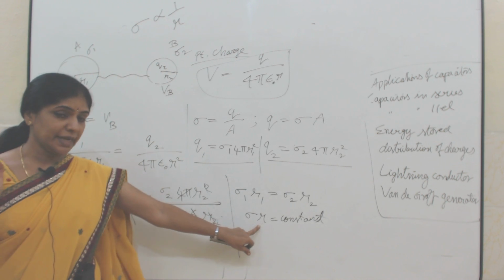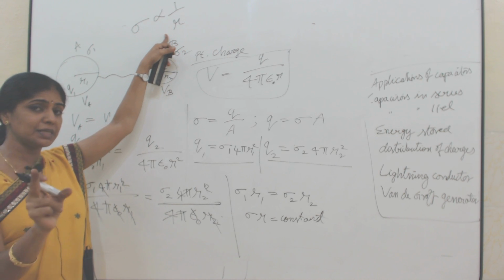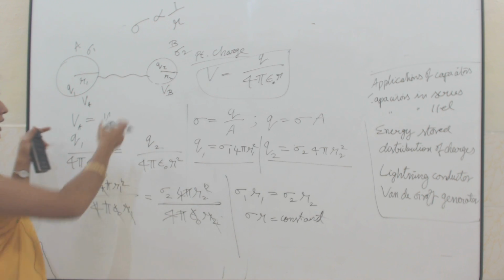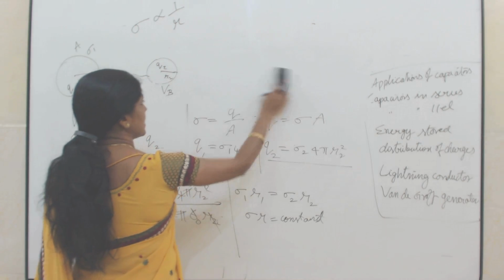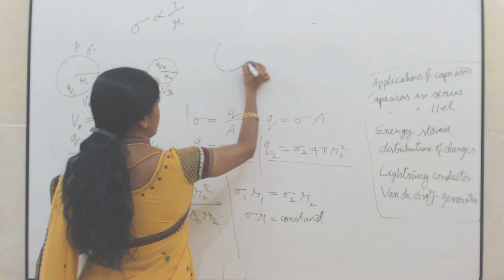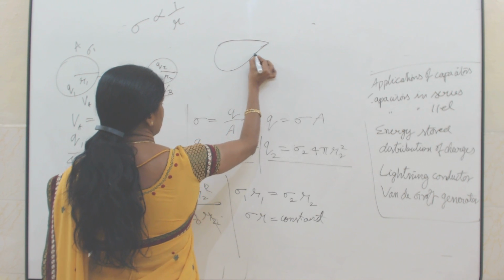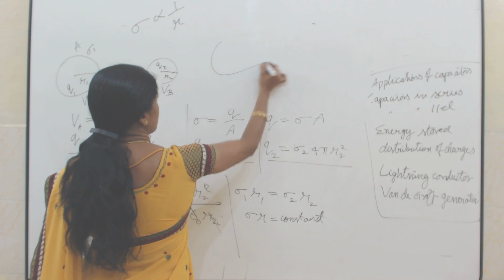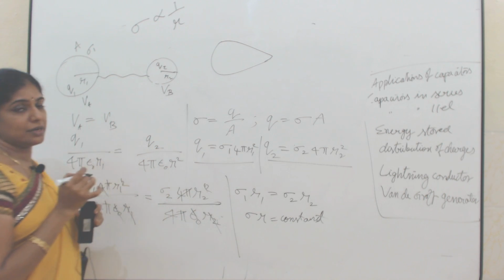That is, if the radius of the sphere of any conductor is less, the surface charge density will be more. So, for example, I have a conductor of this shape. One end is sharp, the other end is like this. So, this sharp end, one end it is very sharp.